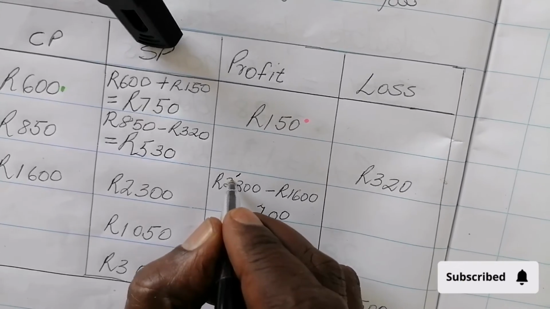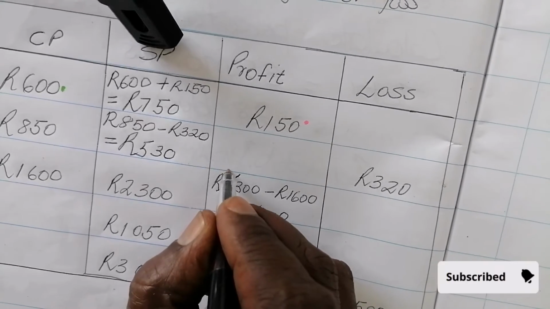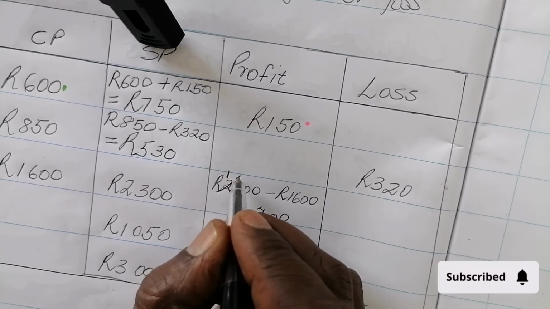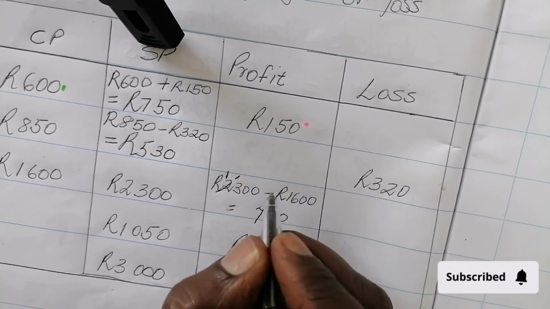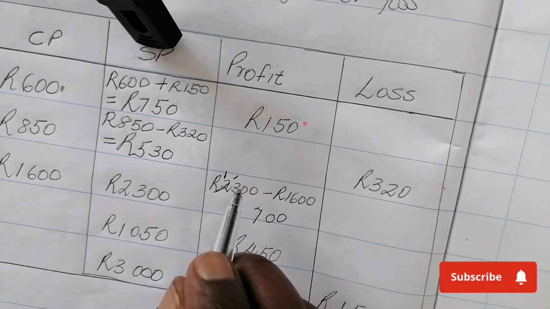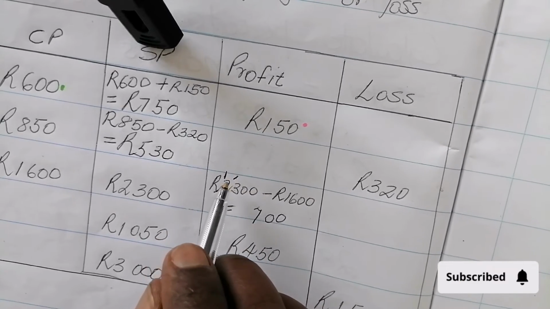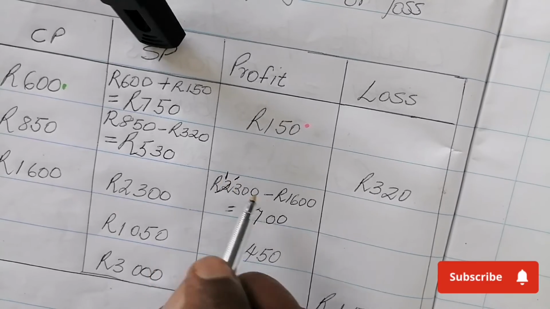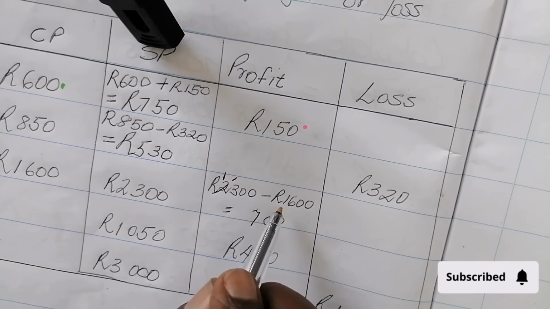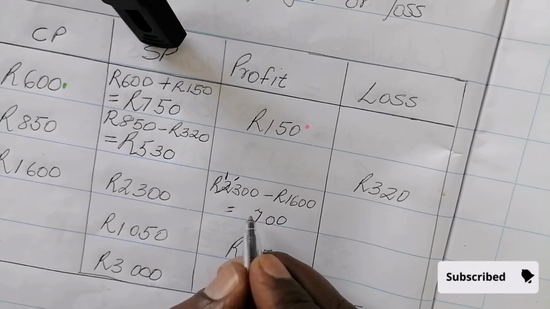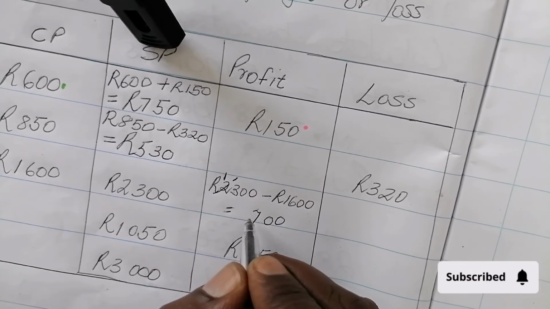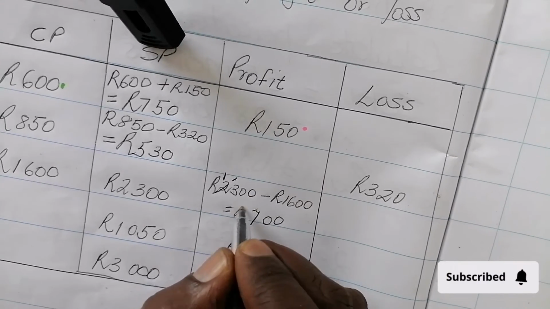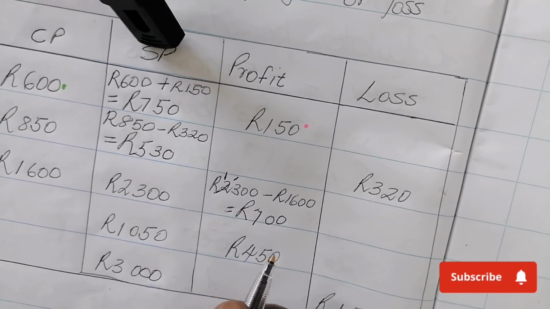And we are left there with 1, because this one has been borrowed next door. So 1 take away 1, 1 minus 1, which is equal to 0. So there's nothing we're gonna put there. So we've got how much? 700 rand.